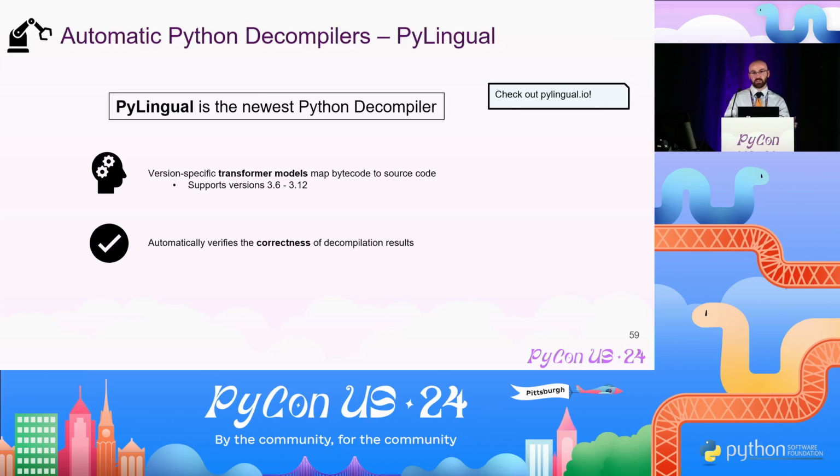And this is actually available online at pylingual.io, if I'm allowed to shill a little bit. And importantly, because we've all hopefully learned not to trust the output of language models without verifying it for ourselves, we verify the correctness of the decompilation results by recompiling the resulting source code and comparing it to the original bytecode that you put in.